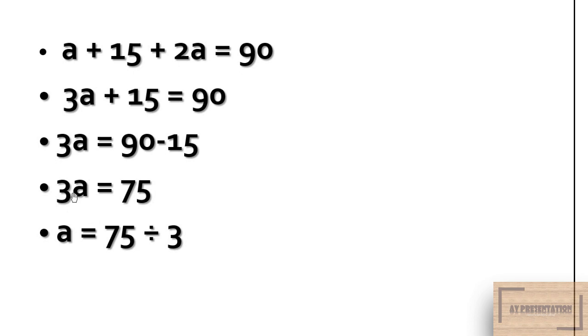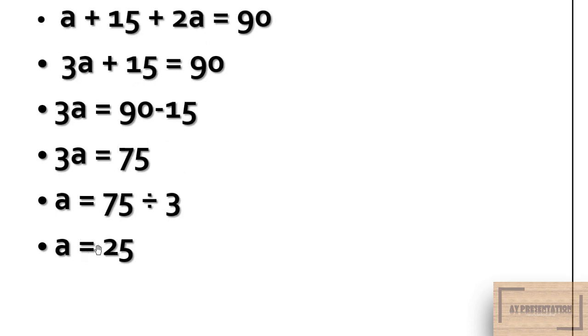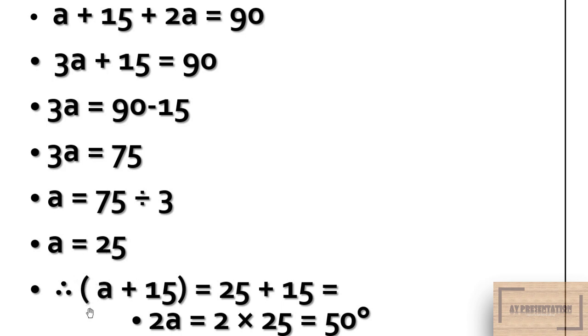Then 3a means 3 multiplied by a. So 3 goes to that side and multiplication converts into division. So 75 divided by 3, so a is equal to 25. So we find the value of a, which is 25.